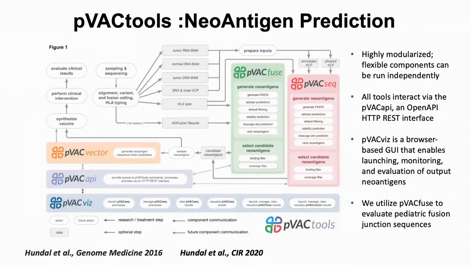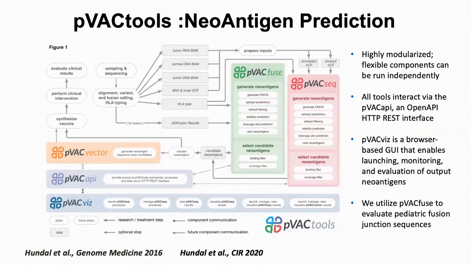There is a pVAC API, which is an open REST API interface. And we also have pVACviz, which is a browser-based GUI that allows one to put in very simple pieces of information from the patient's molecular profiling, DNA and RNA, and then evaluate the output of neoantigens.